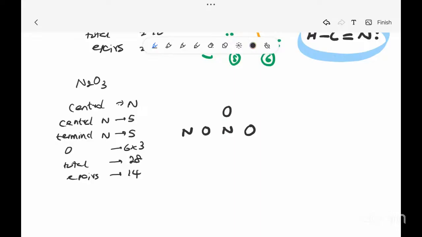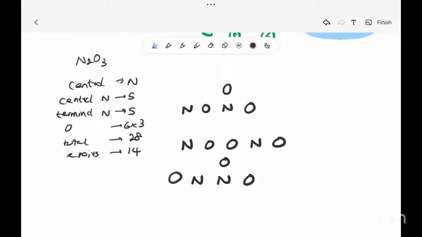You can place this in different ways. If you like, you can keep it like this too: nitrogen, oxygen, oxygen, nitrogen, and oxygen. This is also a method. This is also N2O3, no? Or else you can keep it like this: nitrogen, nitrogen, oxygen, oxygen, and oxygen. Wait, let me draw it here.